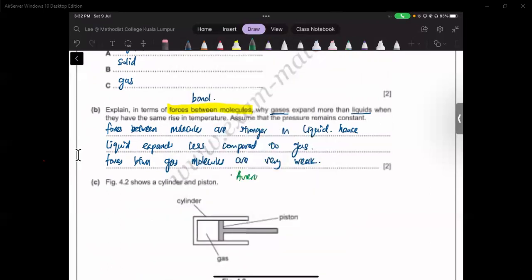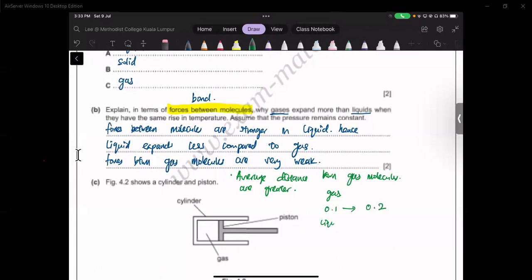The average distance between the gas molecules is greater. Because the main idea here is that if the particles are already far apart, and then you make them even further apart, then the expansion is more. Meaning, let's say for gas it was 0.1, it's easy to go to 0.2.